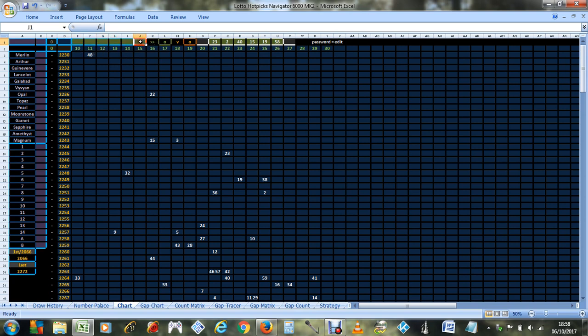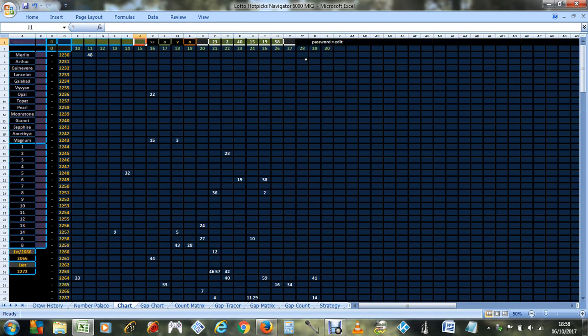So we can look up all the outcomes for any given machine, any given number, any given set of balls, or any combination of machines, sets of balls, or numbers, and produce a chart showing how many times each other number has occurred with the specified criteria.